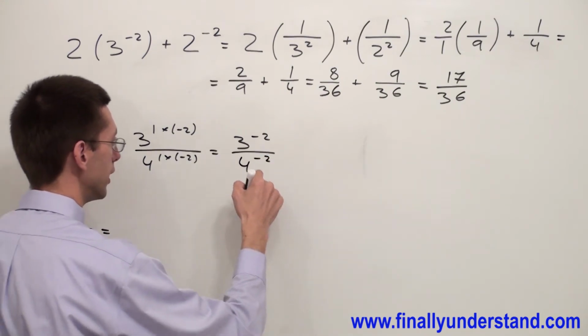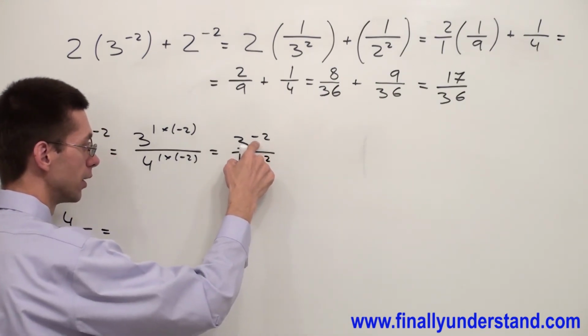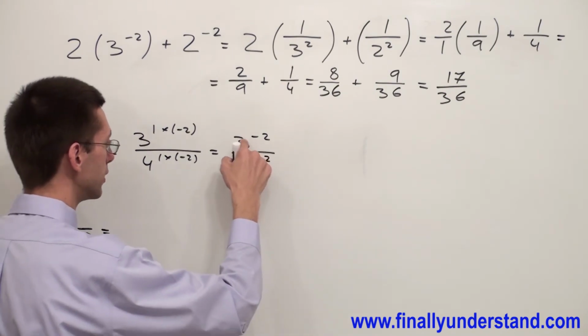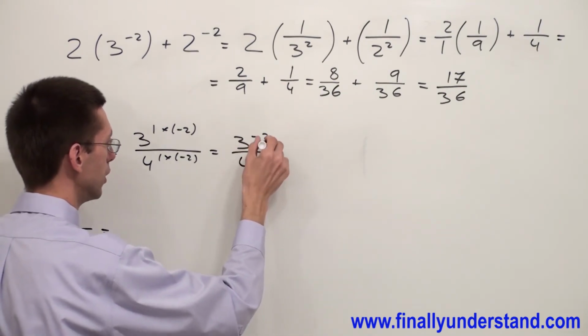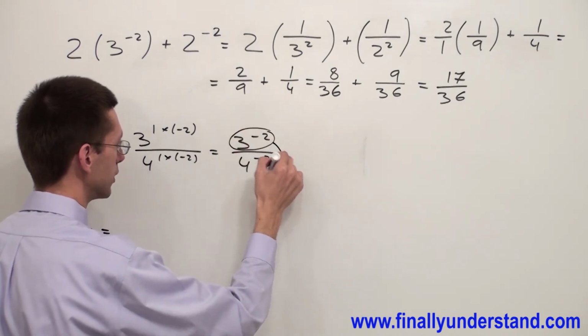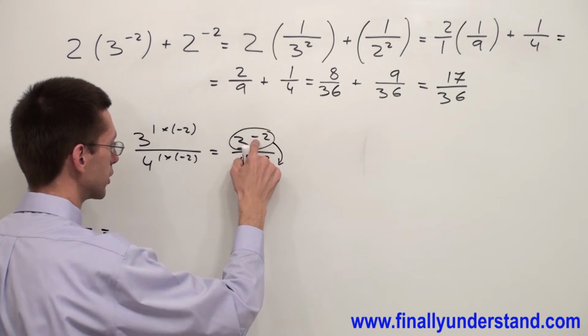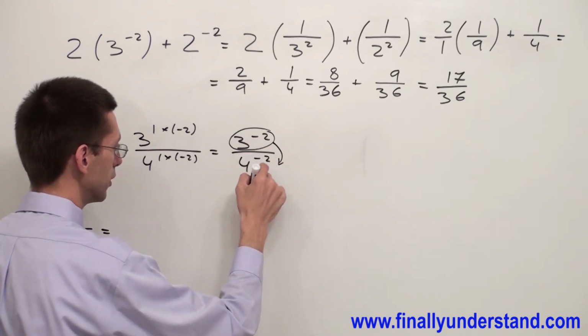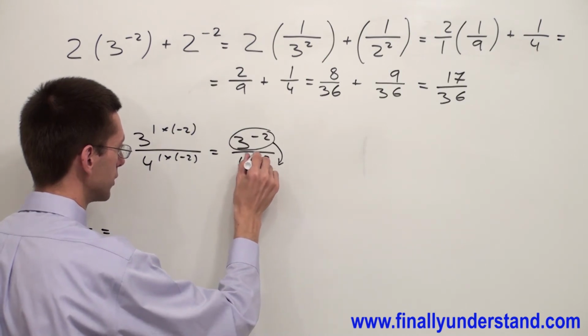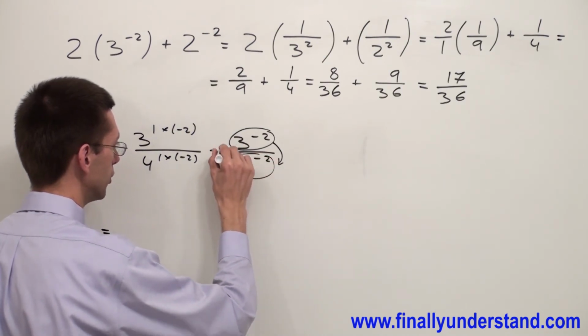Now I have negative exponents in the numerator and in the denominator. Okay? In order to eliminate negative exponent from the numerator, I'm supposed to take this number and bring down to the denominator. Automatically my negative sign next to the exponent is going to change to positive. If I want to eliminate negative exponent from the denominator, I have to take this number and bring it to the numerator.